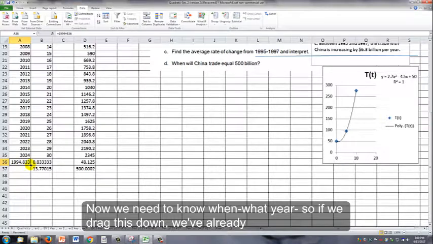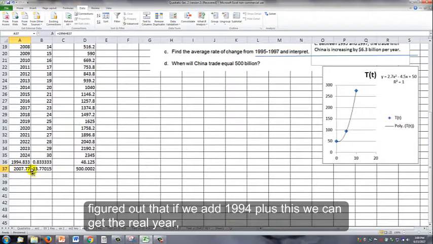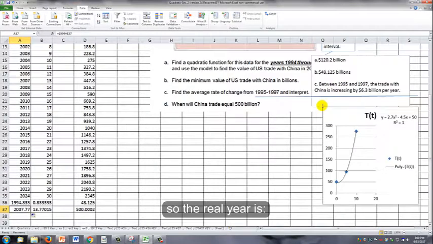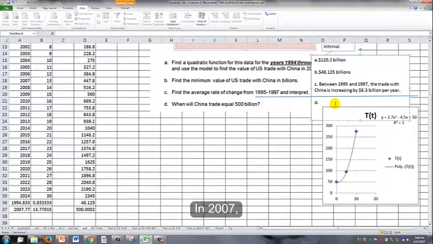So if we drag this down, we've already figured out that if we add 1994 plus this, we can get the real year. So the real year is in 2007. China trade will equal 500 billion.